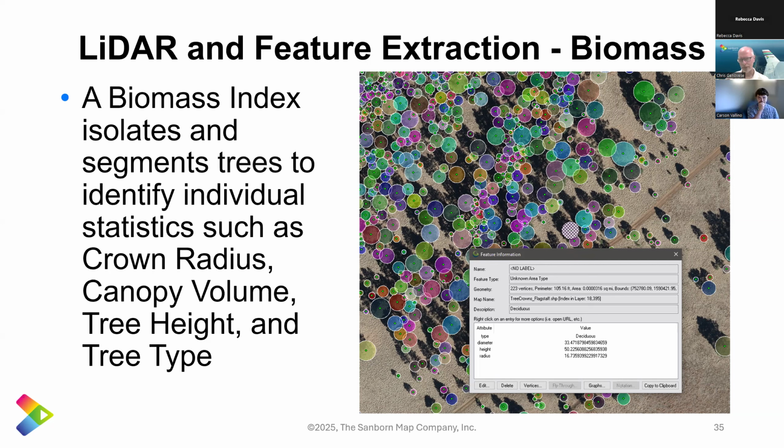We could even get an understanding of the width of the tree at the top versus the bottom, and a much better understanding in terms of calculating the overall biomass within a forested area. And this helps with carbon ingestion and things like that. So this really helps when we're trying to calculate additional things like that.